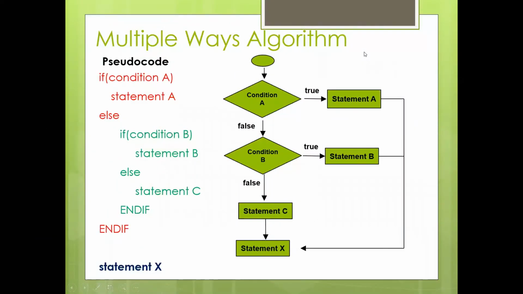Okay, so this is the multiple ways or algorithm. So this one is the pseudocode. Okay, for the pseudocode, if you see like this, if condition A, statement A, else, for the pseudocode, else if, okay, you kena letak dekat bawah ni, macam ni.